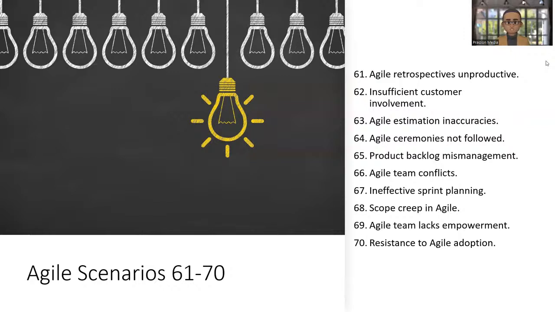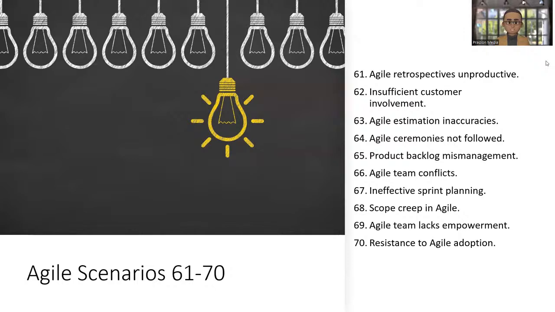Could that be as a result of ignorance when it comes to velocity and its use in Agile? Could it be as a result of lack of understanding of the cone of uncertainty? What about 64? Agile ceremonies are not followed, or there's product backlog mismanagement.